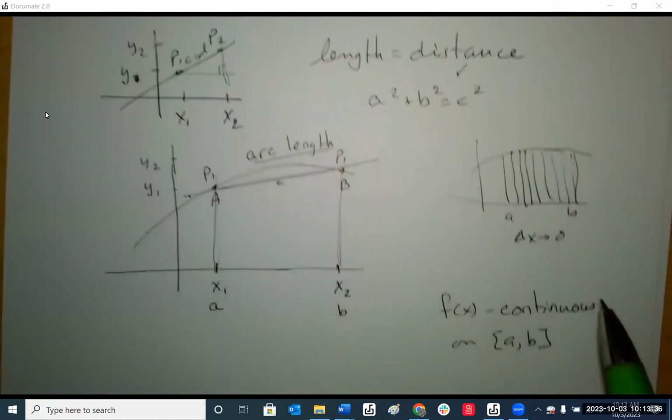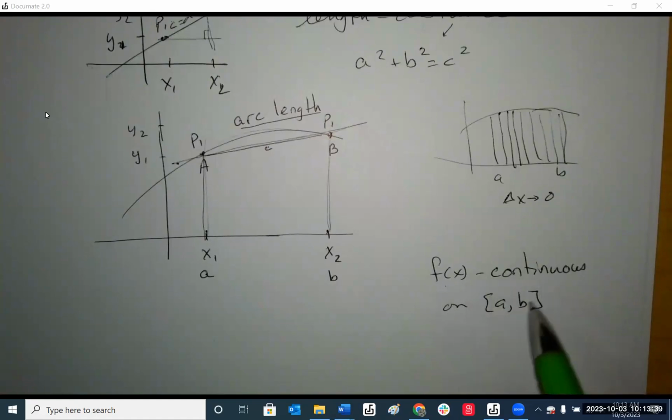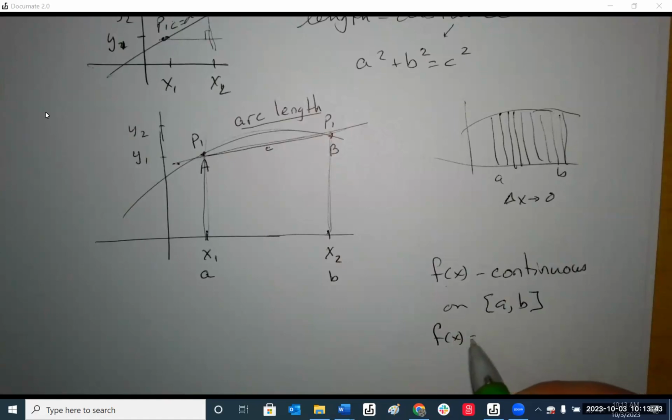Okay, so let's look at terminology here. F is continuous on this closed interval. We say that f of x is smooth.